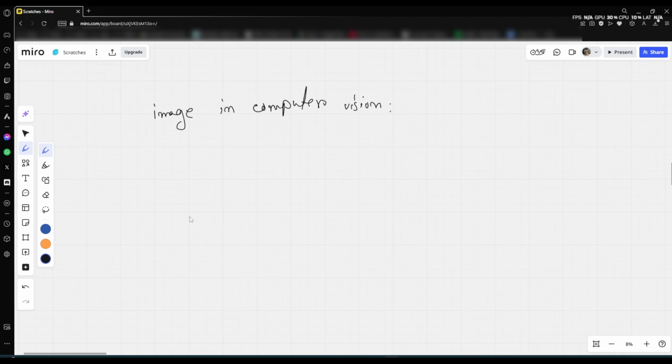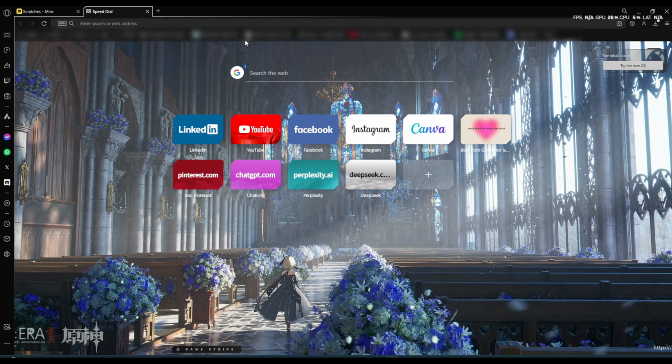Do you know our images are made of pixels? We have pixels here. I'm not going to draw this, I would rather show you visually.